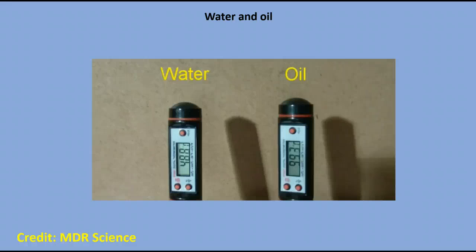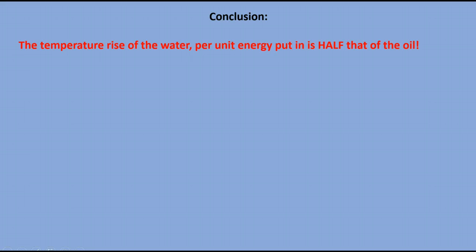In fact, when we get to the end of the experiment, the oil's temperature is double that of the water, even though they've had the same energy put in. The conclusion that we have to draw from this is that there's fundamentally a difference in the way that both materials, the oil and the water, will absorb energy and convert that into a change in the kinetic energy, or the temperature, of its molecules.